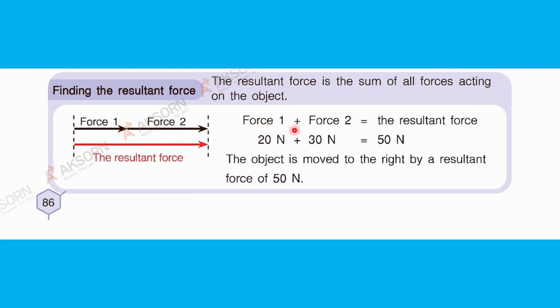Force 1 plus force 2 equals the resultant force. 20 newtons plus 30 newtons equals 50 newtons. And the resultant force is both of these forces added together. The object is moved to the right by a resultant force of 50 newtons.